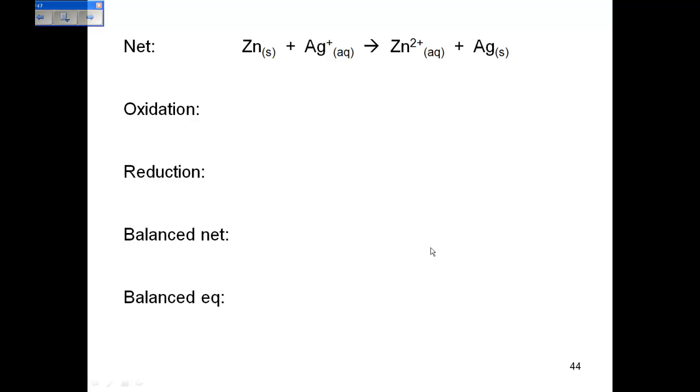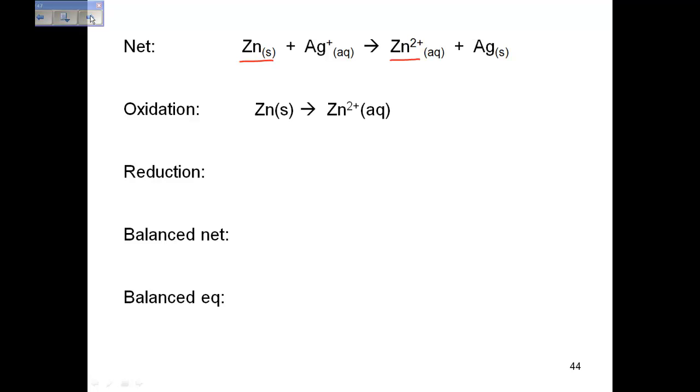Now that we have the net ionic equation, we can follow the redox rules and balance the equation. The first thing we need to do is figure out what's being oxidized and what's being reduced. Looking at this, we see that zinc is going from a 0 charge, which is its elemental state, to a 2+. It's going to a higher oxidation state, so that is an indication of oxidation.